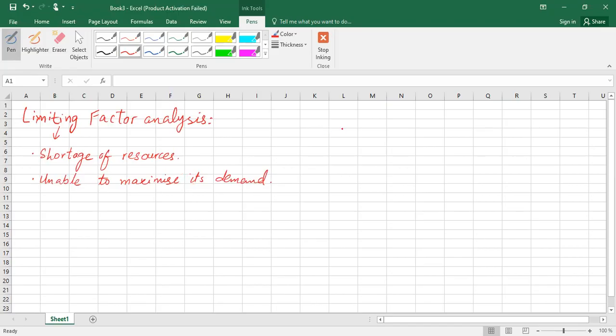Limiting factor analysis basically has three types in the F5 syllabus. One, we are done with throughput accounting.